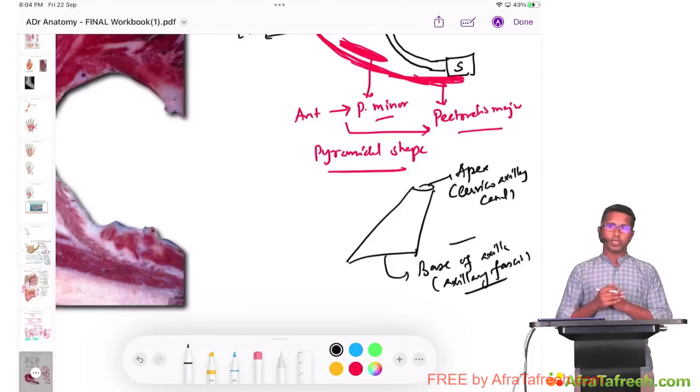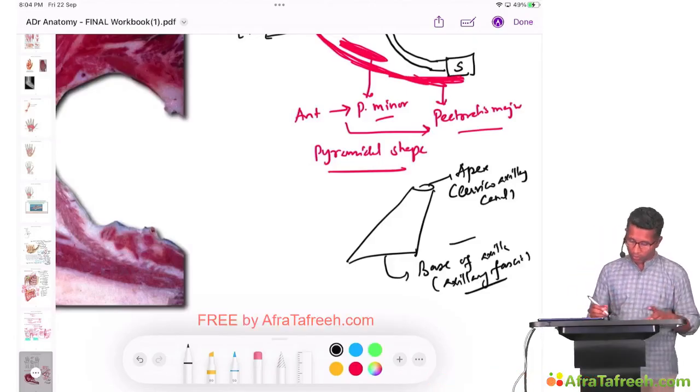Very important are the contents of the axilla, which you all know, guys.